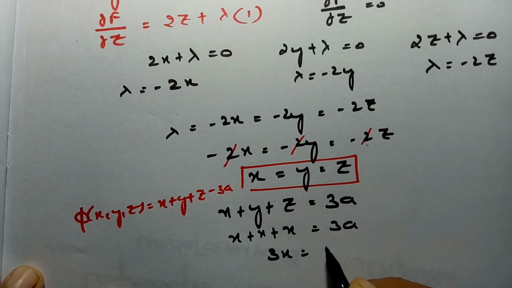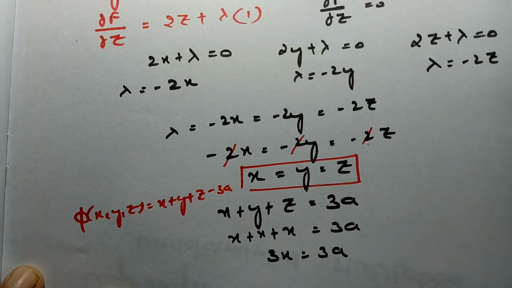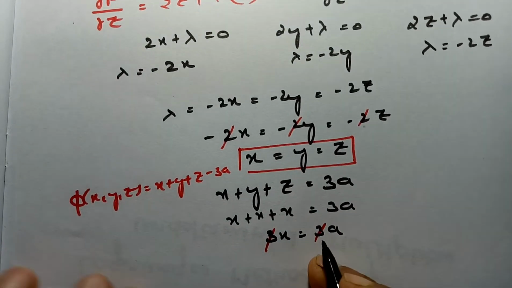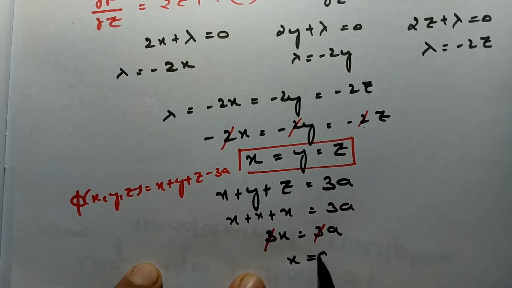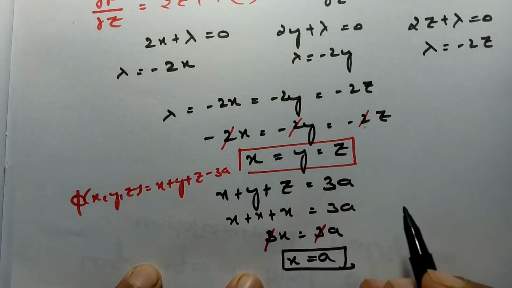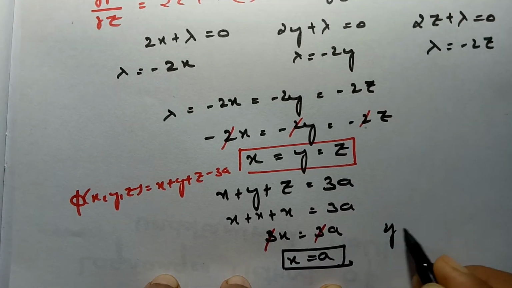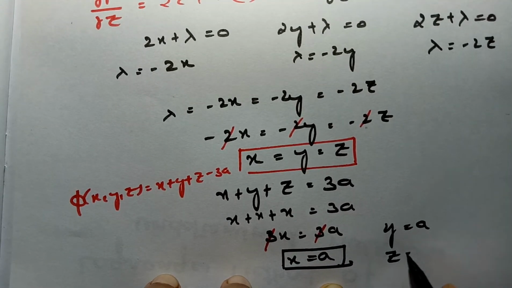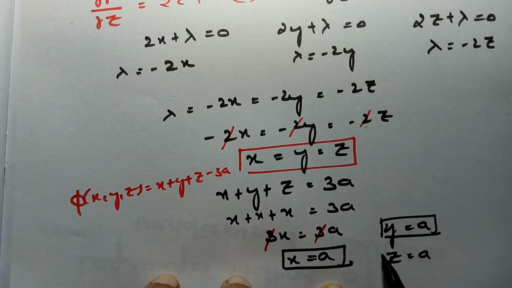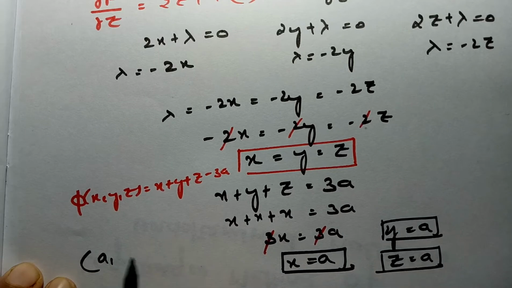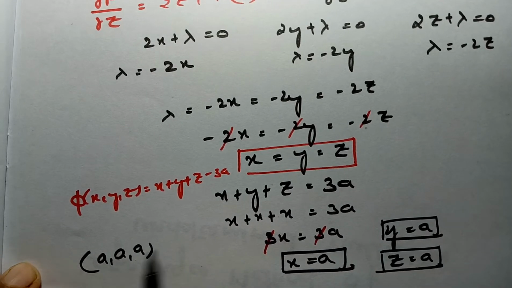So this will be 3x is equal to 3a, and if I cancel this, x is equal to a. Since x is equal to y is equal to z, the y value is a and z is also a. So I got the point x comma y comma z as a comma a comma a.